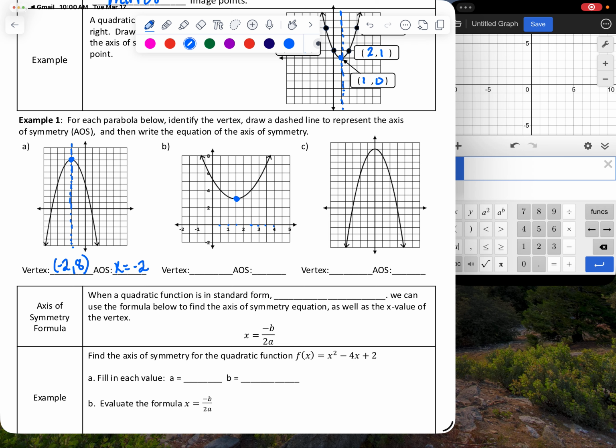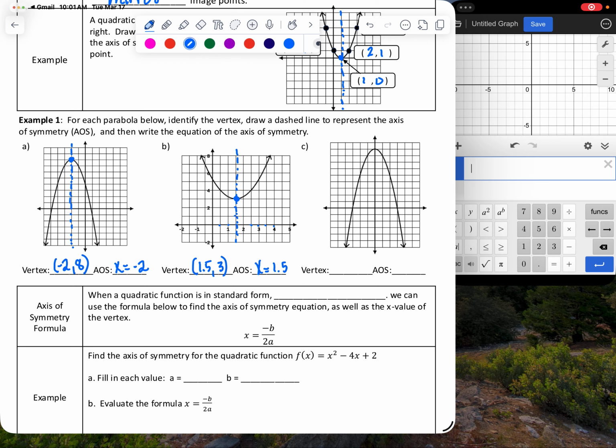So our vertex here is at 1.5, comma. Our y-axis is going by 1: 1, 2, 3. So 1.5, comma 3. Our axis of symmetry, if I draw a vertical line through it, would be x is equal to 1.5.